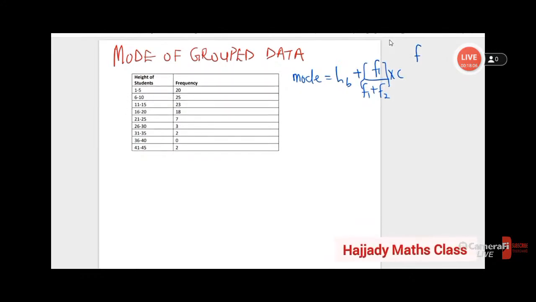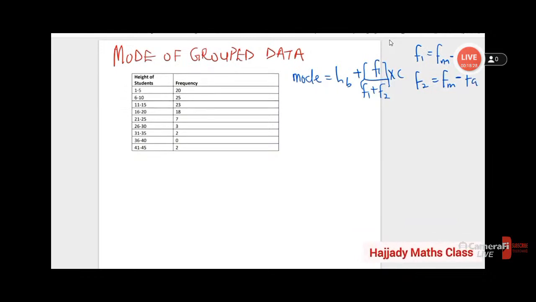Where F1 is the frequency of the modal class minus the frequency before it, and F2 is the frequency of the modal class minus the frequency after it. And here C is the class width. You can call it the class interval also. That means the difference between the lower and the upper.